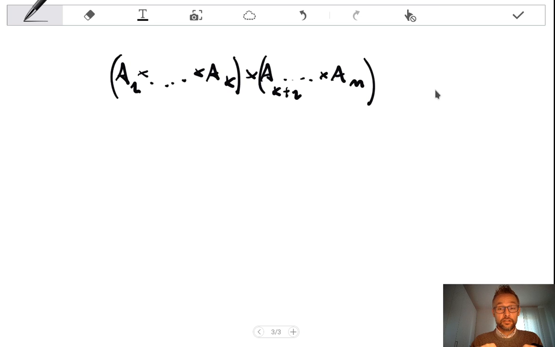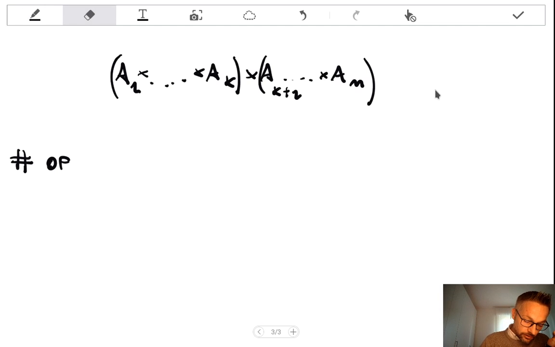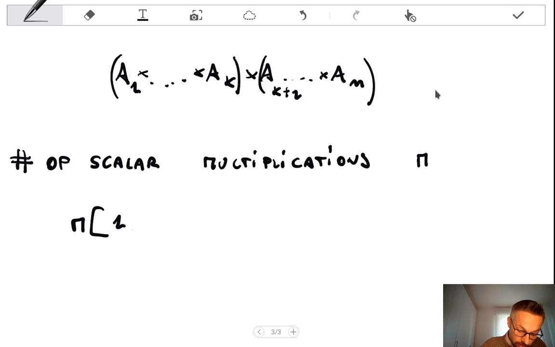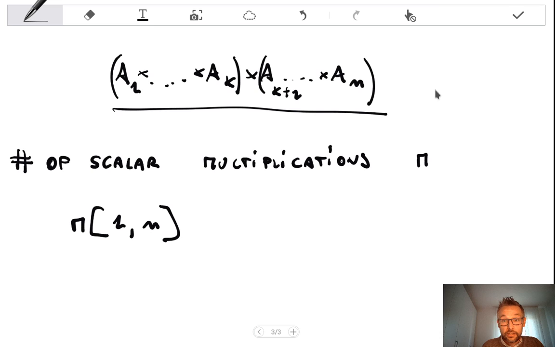So for this chain matrix multiplication, let me call m1n the number of scalar multiplications, because I'm dealing with this instance of the problem.